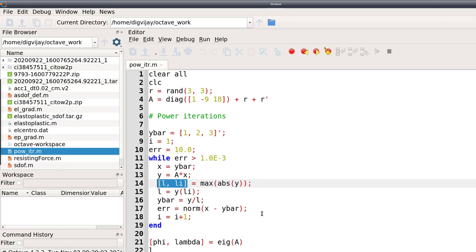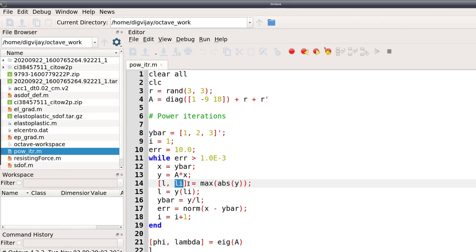It will be a scalar value, no? Yeah, it will be the maximum value, but that is not the only thing. You look for the max command, you will understand that it can give two outputs, L and Li. L is the value, and what Li is you can find out from the documentation. Okay, so L is the value, that is what I know.